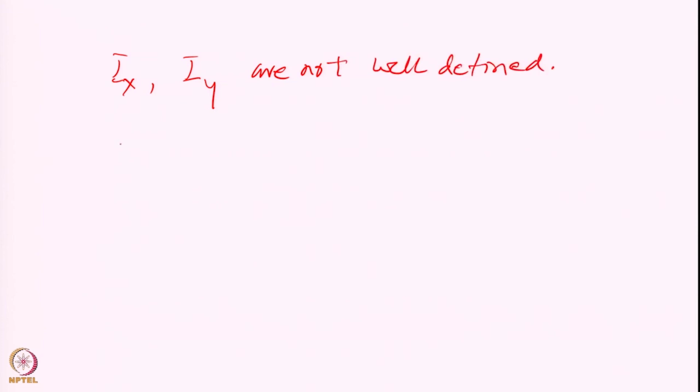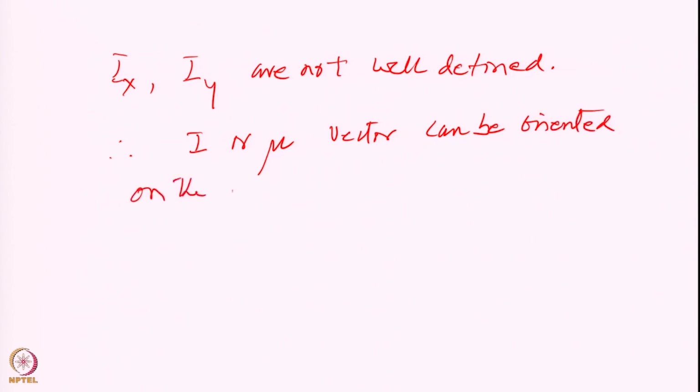Therefore, the I vector or the mu vector can be oriented on the surface of the cone in a random manner.